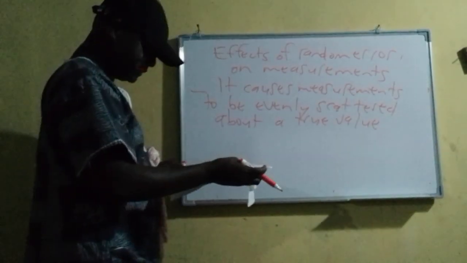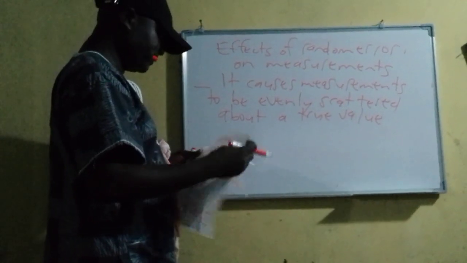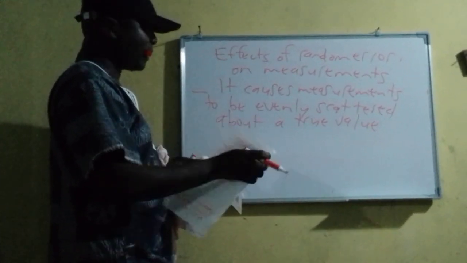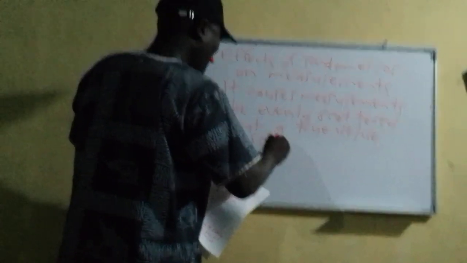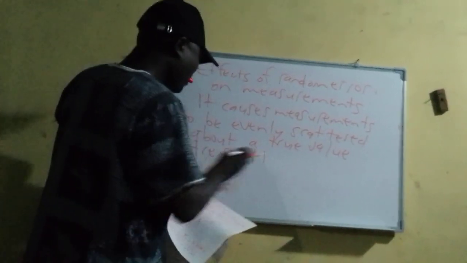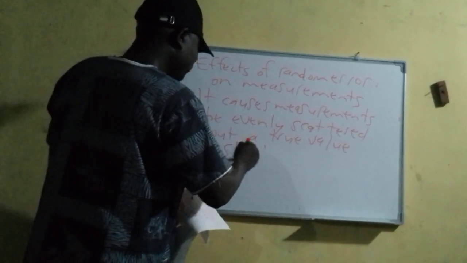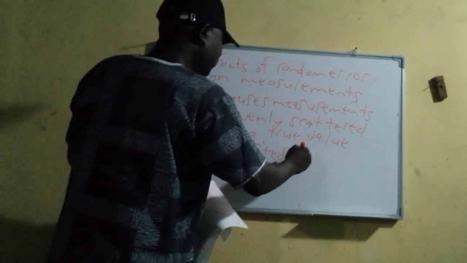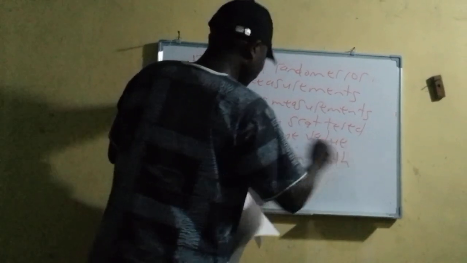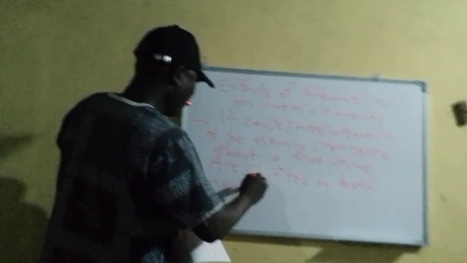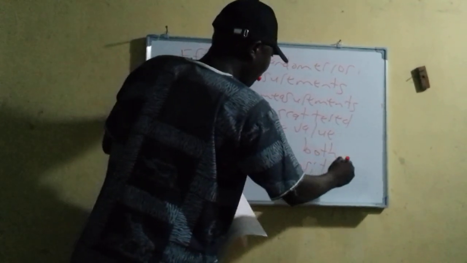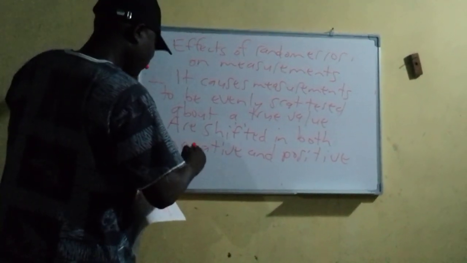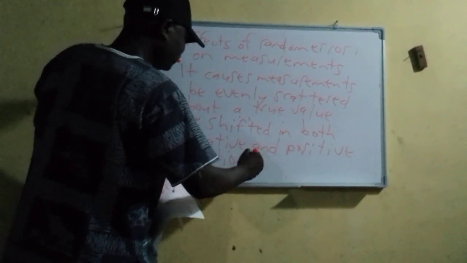So measurements are scattered by both positive and negative magnitude, or we can say they are shifted in both negative and positive directions.